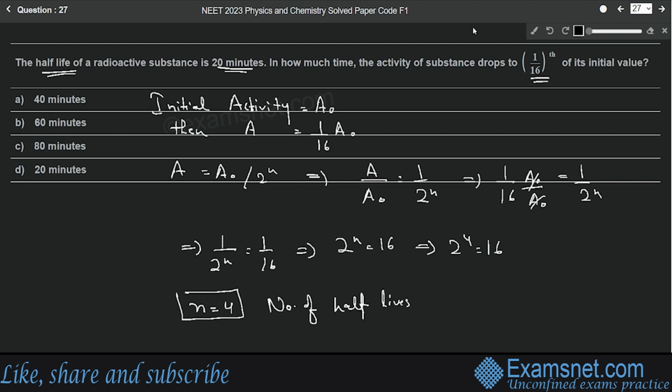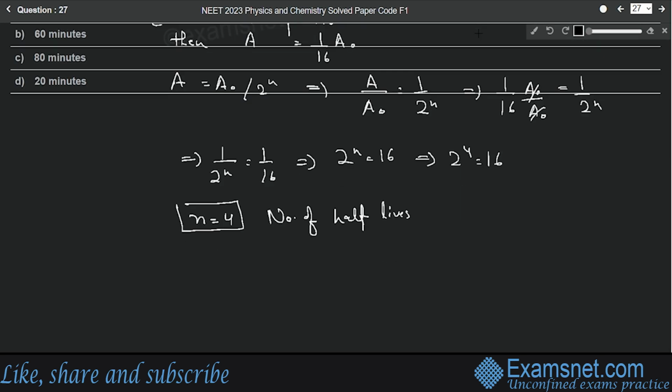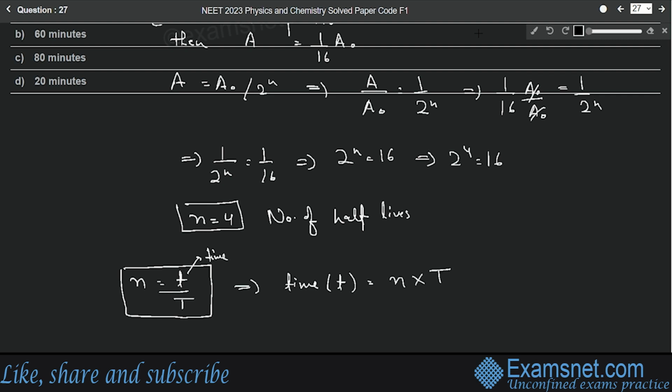4. Now we have to find out the time. Okay, so for that we have to use another formula, that n equals total time t divided by the half-life T. Okay, so this is the formula that we have to use. Capital T is the half-life and small t is the time taken. So we have to find out the time. So time t will be equal to number of half-lives into half-life of the substance.